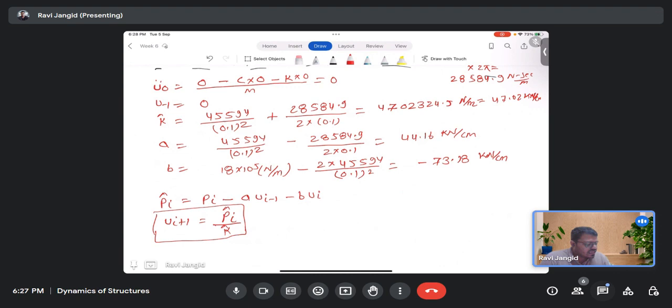So what is my p cap here? pi remains pi. A, I have 44.16 into ui minus 1, and b is minus 73.18, so it will become plus 73.18 into ui, in terms of the kilonewton.